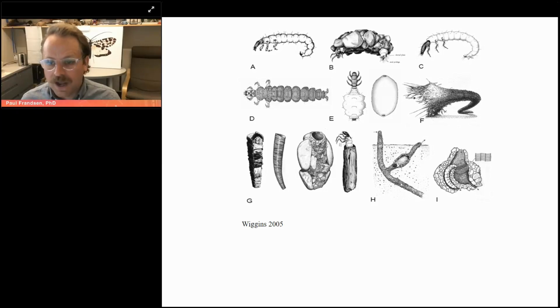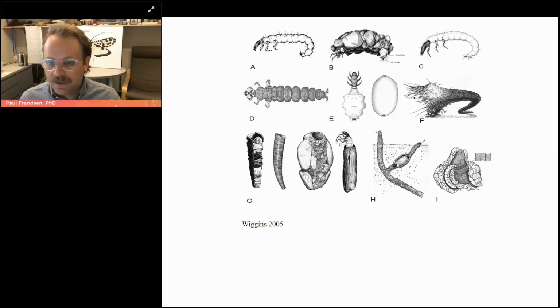If you look at H or I, these are little underwater homes that some caddisflies have made. And they've made them entirely of material that's on the bottom of the stream bed and silk. So in H, you can see it's a pretty sophisticated filtration system that brings water and food in through the caddisfly larva.